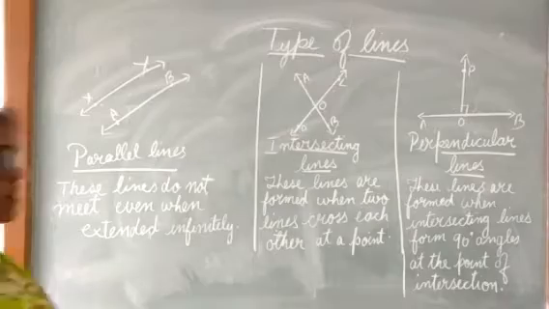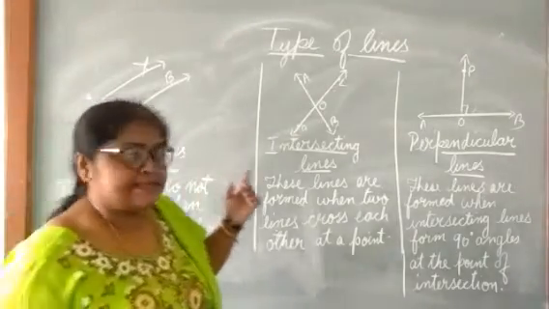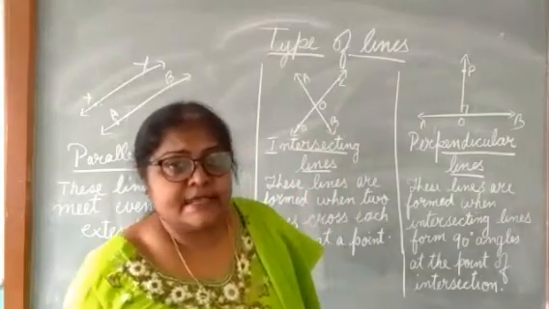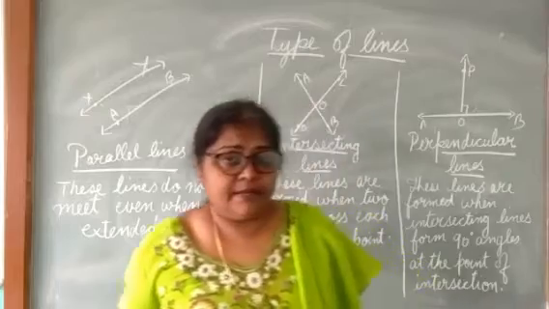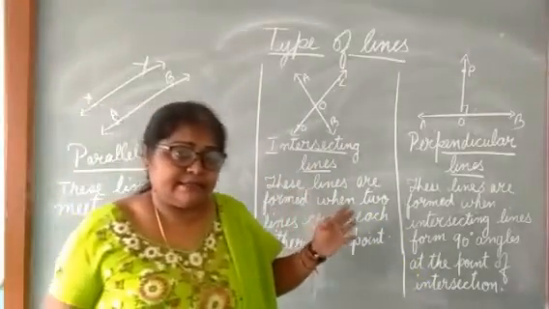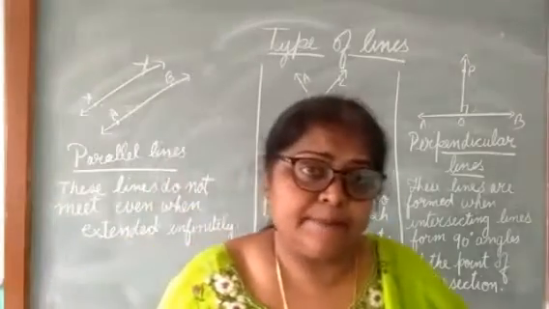Number one is parallel line. Number two is intersecting line. And number three is perpendicular line.